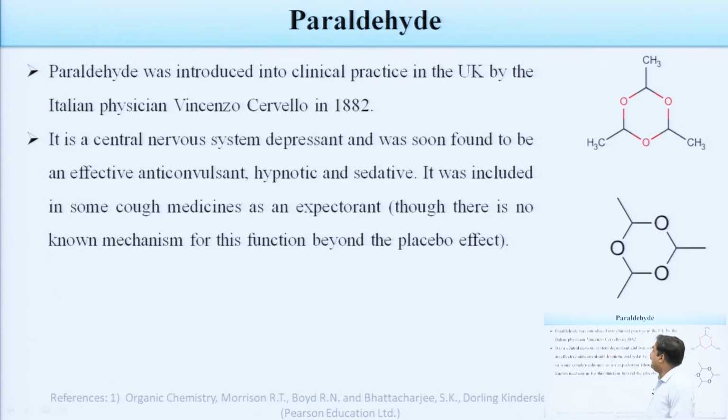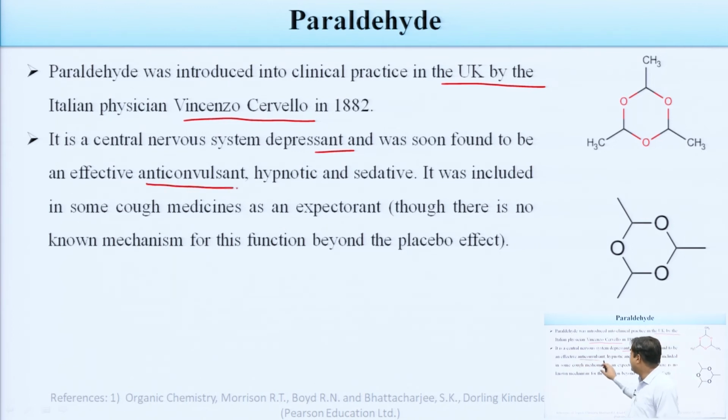Now, paraldehyde was introduced in clinical practice in the UK by the Italian physician Vincenzo Cervello in 1882. So, after much time since its discovery, it was added as a medicinal agent for treatment. It is a CNS depressant and was soon found to be an effective anticonvulsant, hypnotic and sedative.